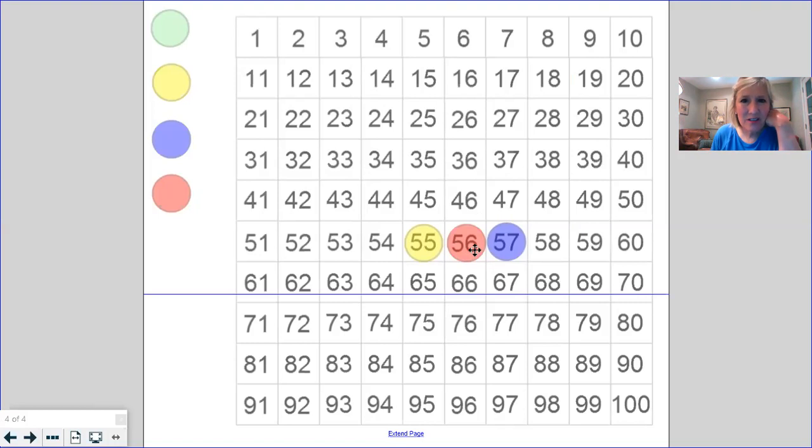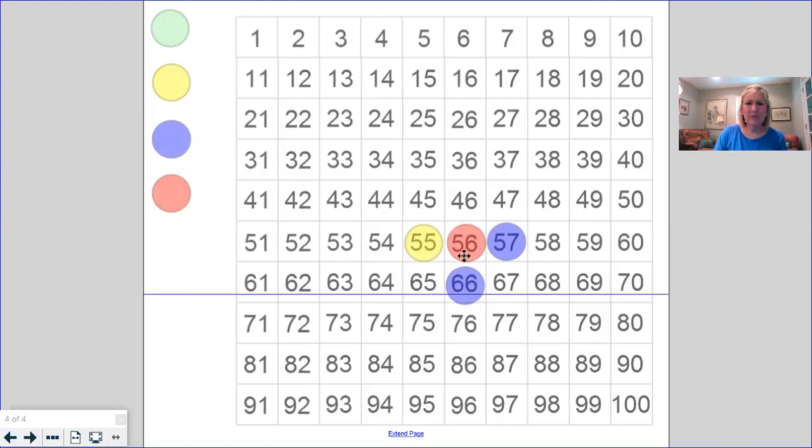On a hundreds chart, if you want to add 10 more, all you do is look at the number you're starting with and move down. That is adding 10 more. So 10 more than 56 is 66. 10 more, just move straight down.